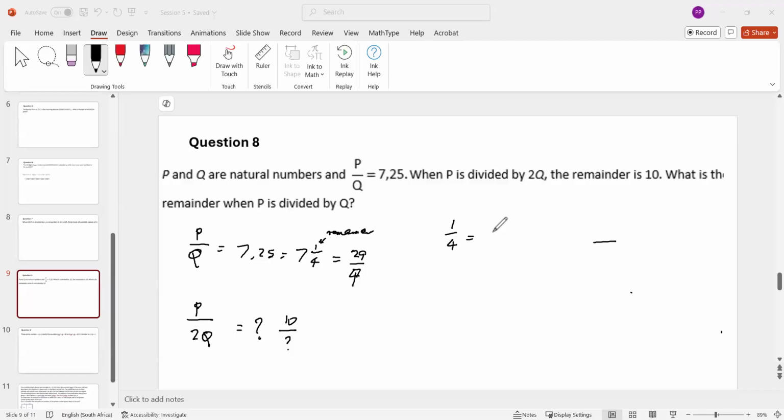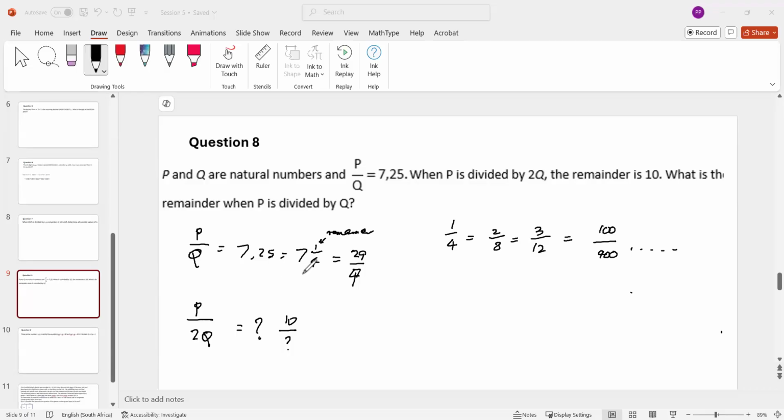1 over 4 is the same as 2 over 8, the same as 3 over 12. You can multiply the numerator and denominator by any number you feel like. 100 over 400, 100 times 1, 400 times 4, and so on. So there are any number of ways you can write a single fraction.